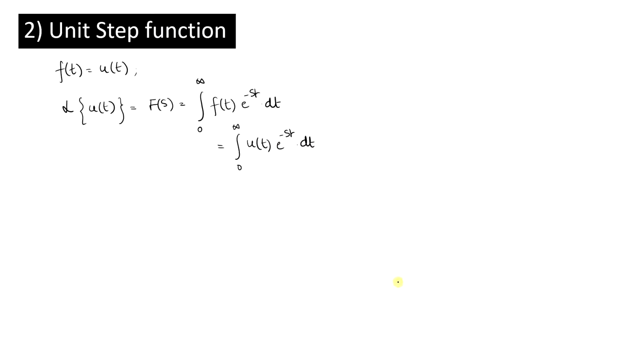And we have seen previously when we looked into the singularity functions that the unit step function has a value of 1 corresponding to t equal to 0 minus, 0 plus, this point and this point. So we are considering t greater than 0, right? If t is greater than 0, the value of this particular signal is 1. Hence I can write this as 1, and it will only be the integral from 0 to infinity of e power minus st dt.